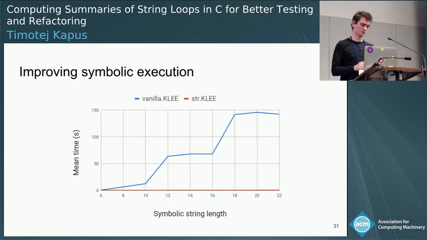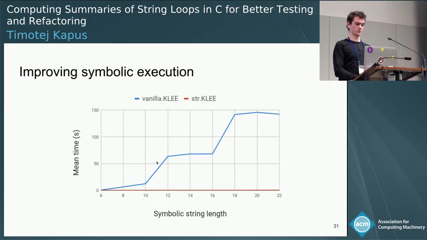This graph shows, on the x-axis, the symbolic string length, so the length of the symbolic inputs that the loops operate on. And on the y-axis is the mean time to execute the loops.